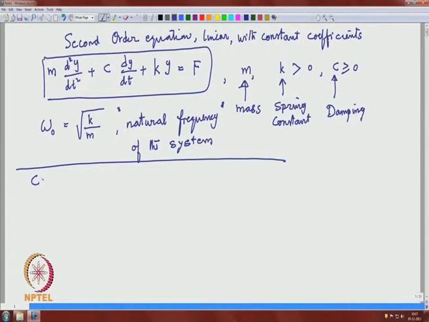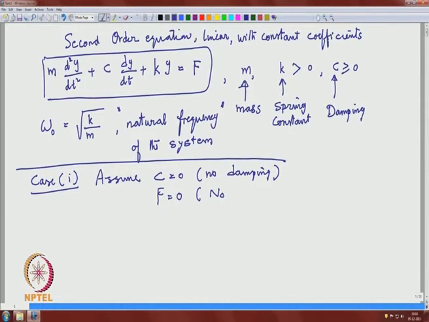We will start with case 1, and in this case I assume c equal to 0, that means no damping, and then I am also assuming that F equal to 0. That means no external force.